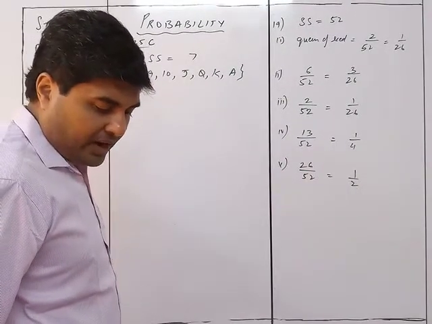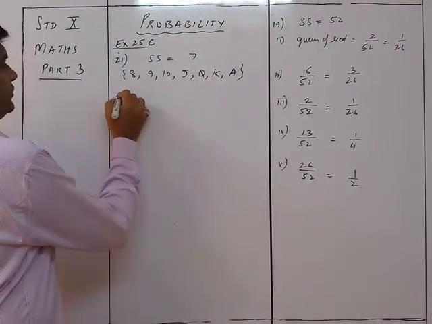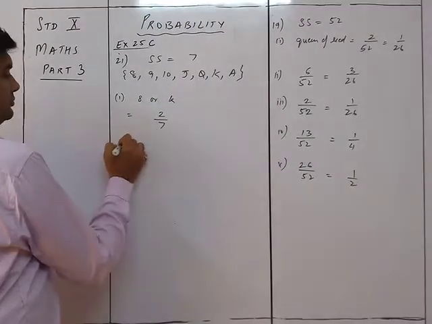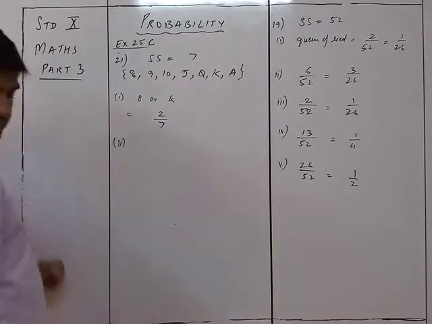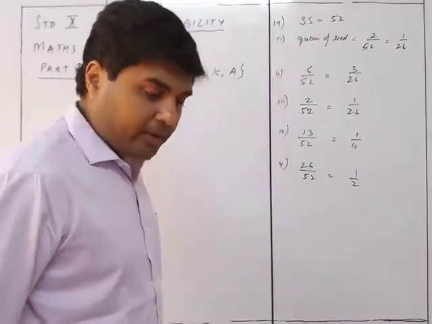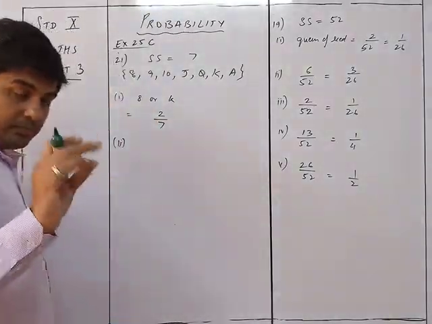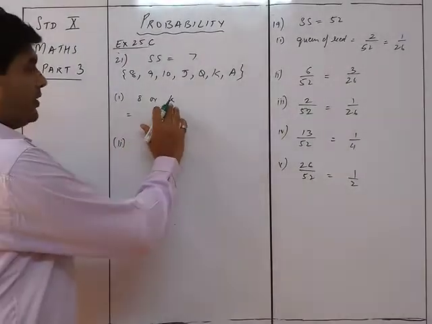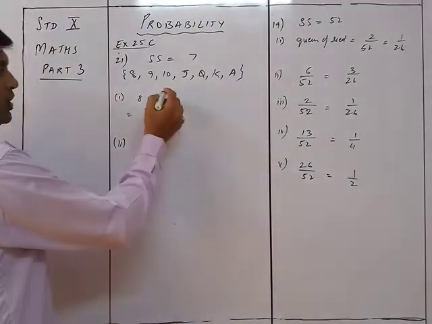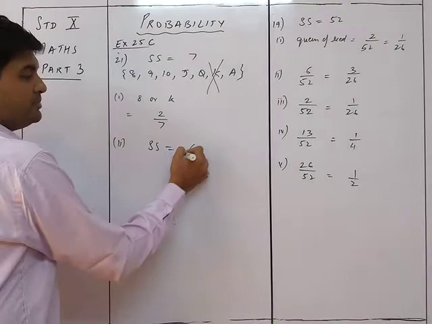What is the probability the card drawn is an 8 or a king? So first one, 8 or king is equal to 2 upon 7. Obviously, 2 cards, so 2 upon 7. If the king is drawn and put aside, what is the probability the second card picked up is an ace or a king? Now if the king is drawn, automatically it is no longer in the deck, so the sample space now becomes 6.